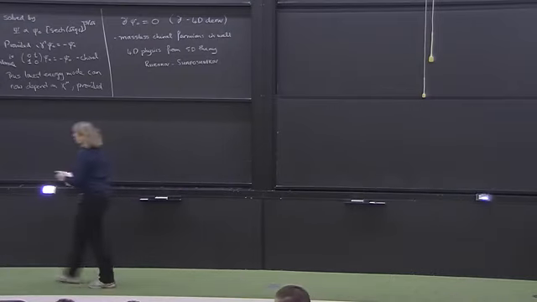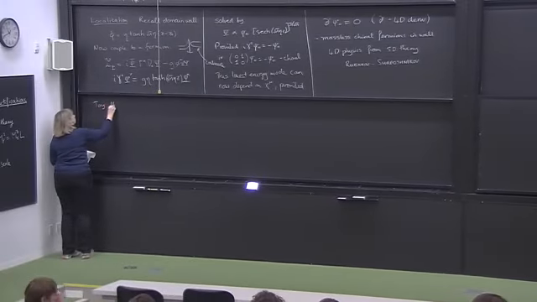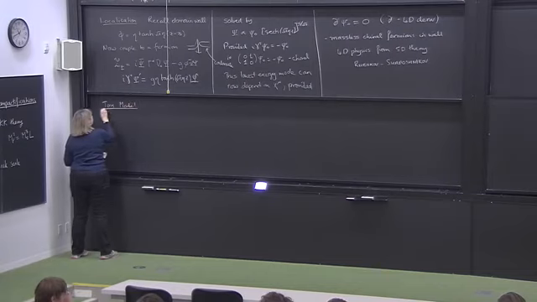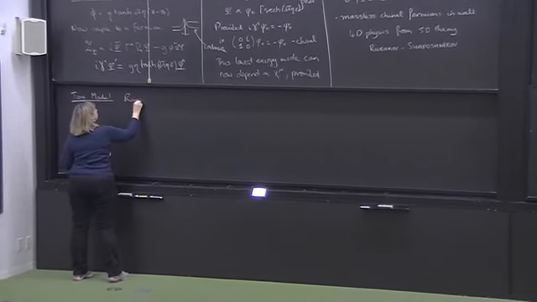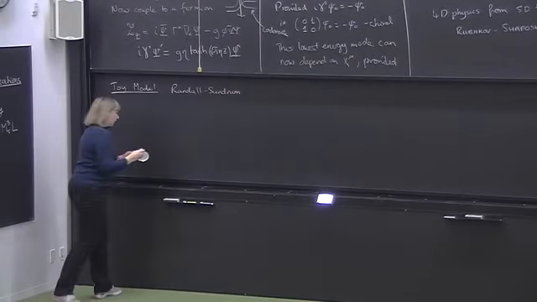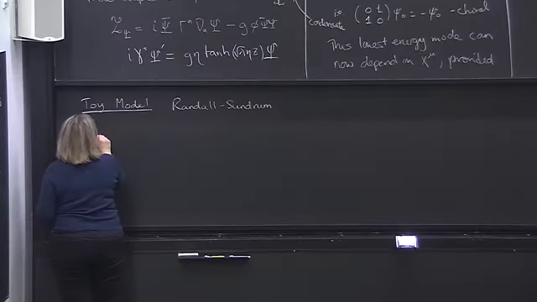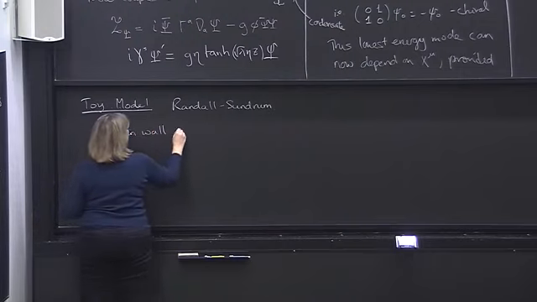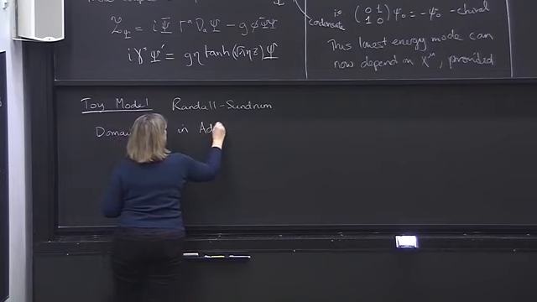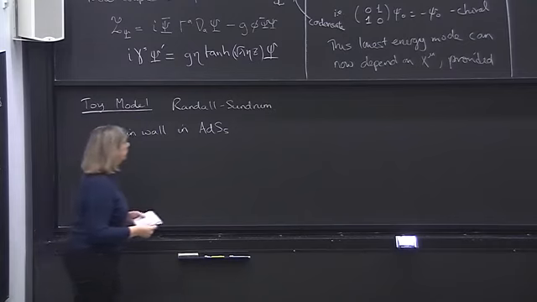So let me introduce the toy model, and then we'll discuss it. The Randall-Sundrum model is constructed out of a domain wall in anti-de Sitter space, so 5-dimensional anti-de Sitter space, with a 4-dimensional universe.